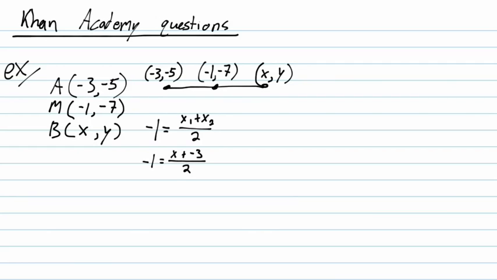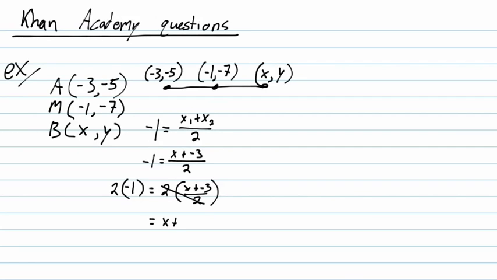So I multiply both sides by 2. So I take -1 times 2. I take this whole fraction, multiply it by 2. The reason I do that is these are going to cancel. When they cancel, it doesn't affect the top at all.